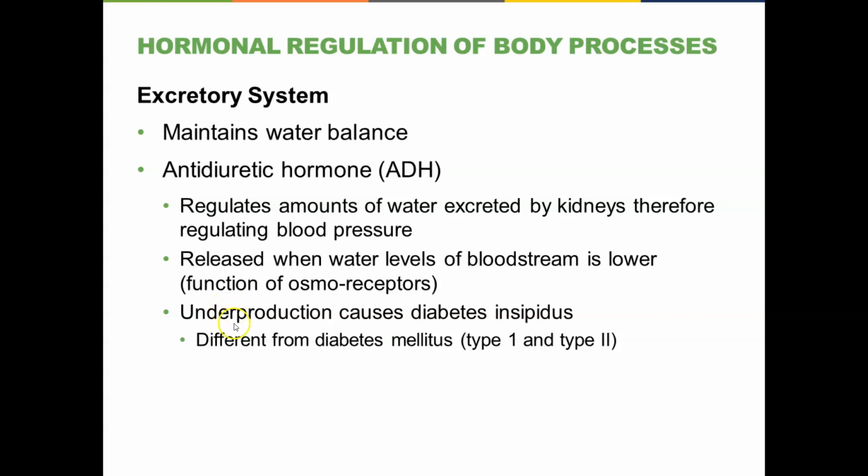Underproduction of antidiuretic hormone causes a lot of water loss through the urine, copious urine production, and that's one of the symptoms of diabetes insipidus right here, as opposed to diabetes mellitus, which has to do with the insulin receptors.